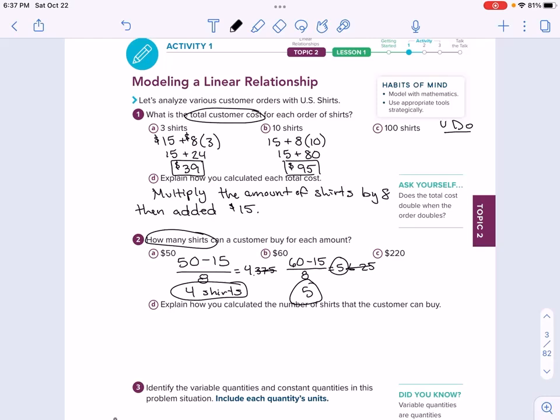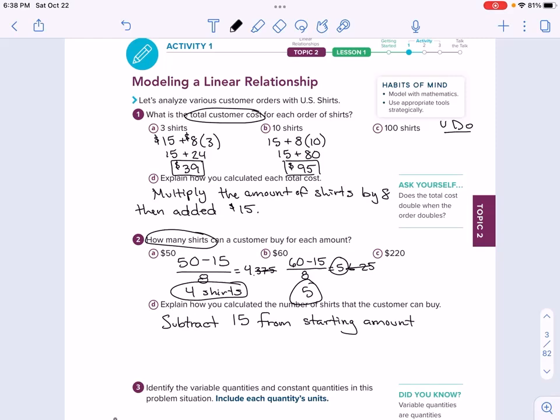So part D, same exact process. How do we calculate this? First we had to subtract $15 from the amount we started with, the starting amount.